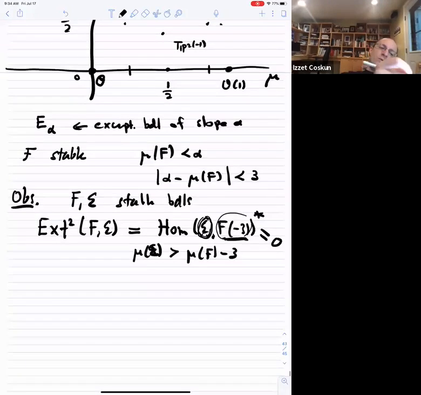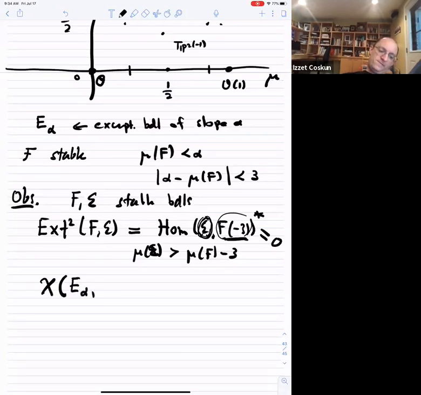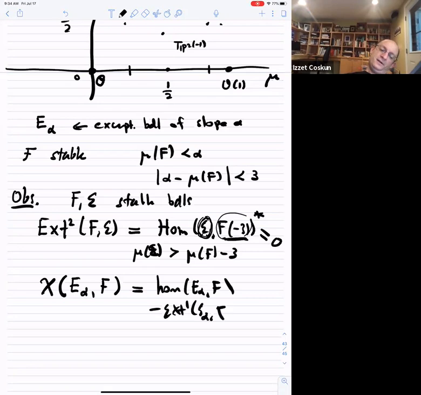All right, so what does this mean? In particular, if I look at the Euler characteristic from E alpha to F, remember, this is just Hom(E alpha, F) minus x1(E alpha, F) plus x2(E alpha, F), right?